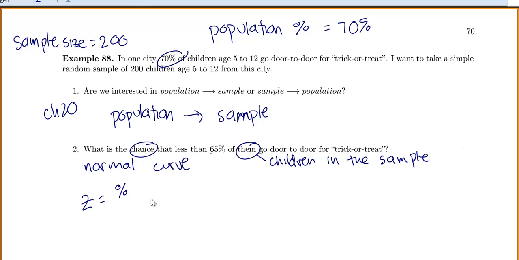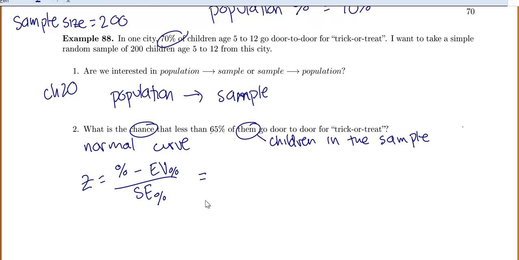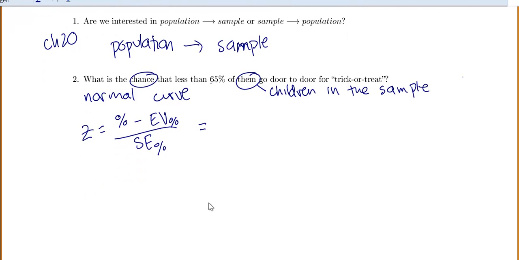So z is going to be your percentage minus the expected value of the percentage over the standard error of the percentage. I need to go and find some of those things.